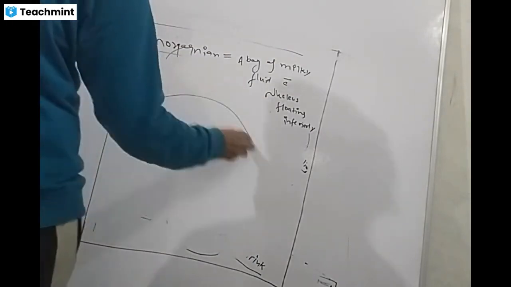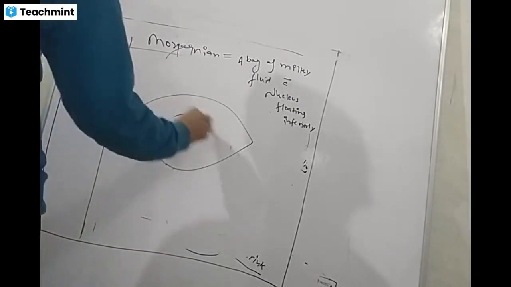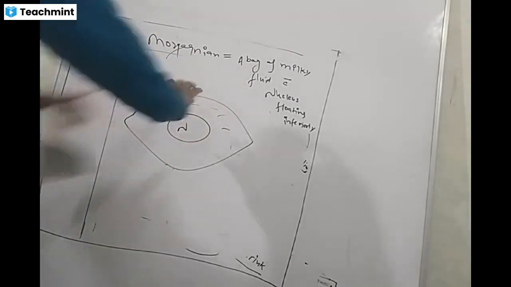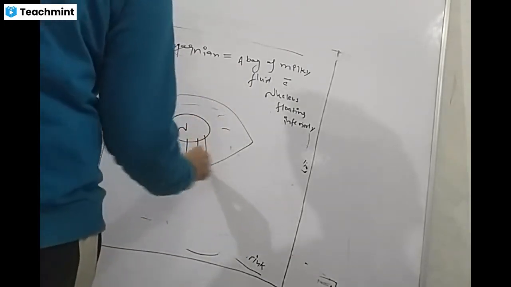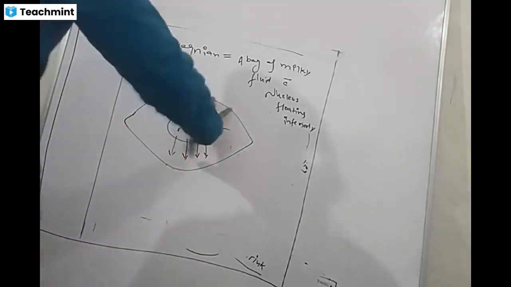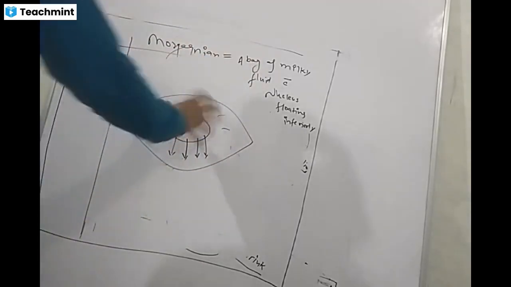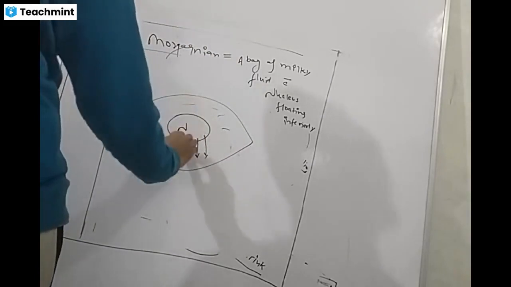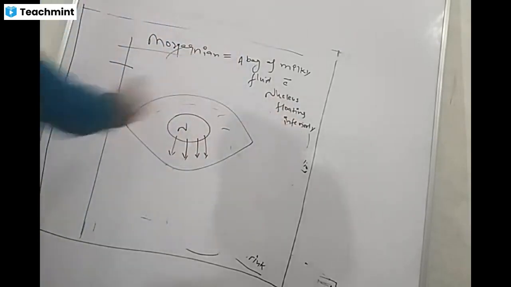This is the lens, this is the nucleus, and the surrounding part is the cortex. If the cortex becomes liquefied, then the nucleus will settle inferiorly. The milky fluid is the cortex, and the nucleus floats inferiorly. Why inferiorly? Because of gravity.